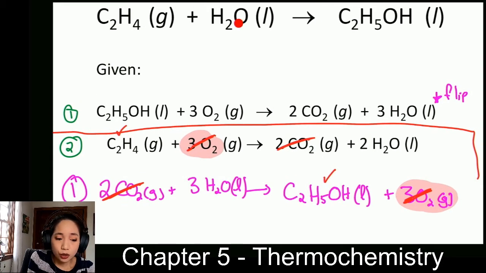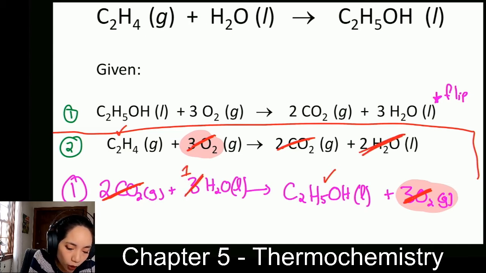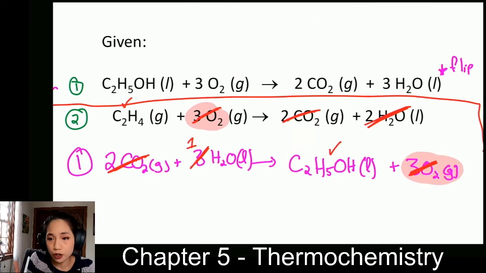We need 1 water on the reactant side. In step 2 we have 2 waters on the product side, and in the flipped version of step 1 we have 3 waters on the reactant side. So those 2 waters cancel, and all but 1 water molecule will remain on the reactant side of the flipped version of step 1.